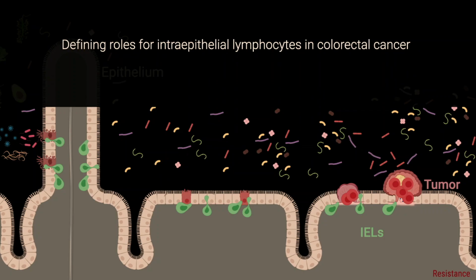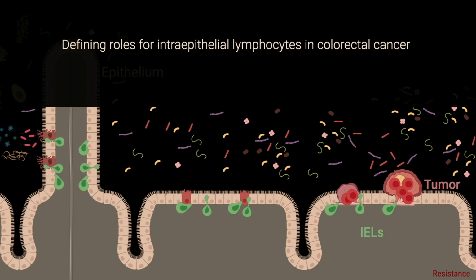It's a transformation of the epithelial cells that become hyperproliferative and create a polyp, then create a tumor, then extravasate, metastasis, and so on. So what we did recently is to understand whether these same cells, the intraepithelial lymphocytes, play a role against cancer. And this was just published a few months ago.